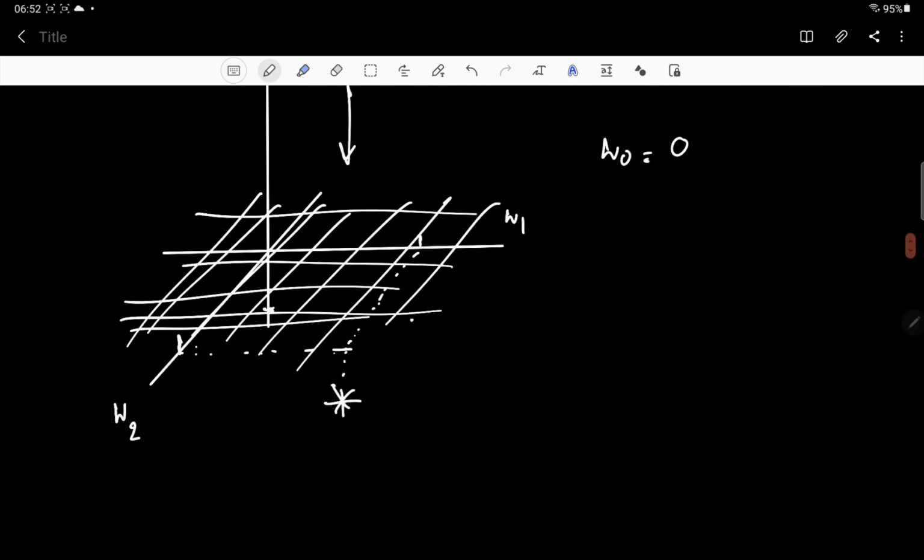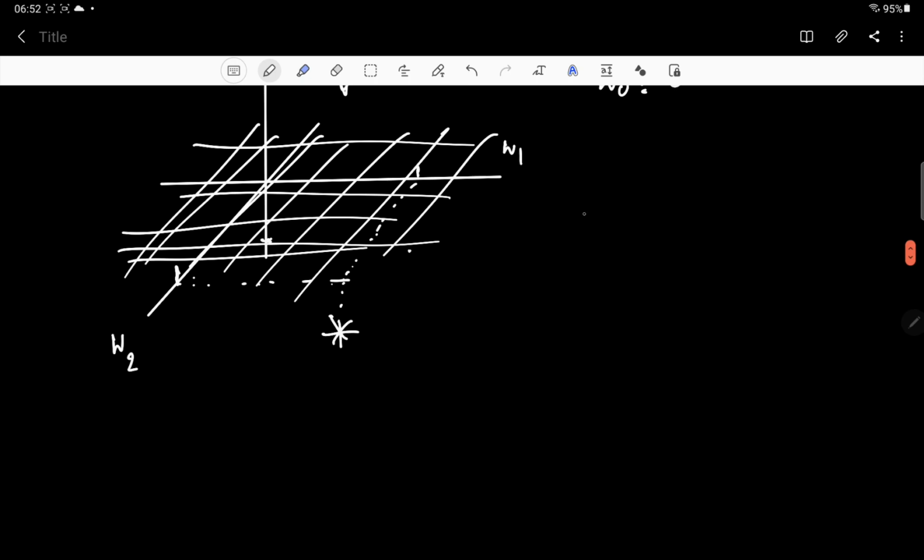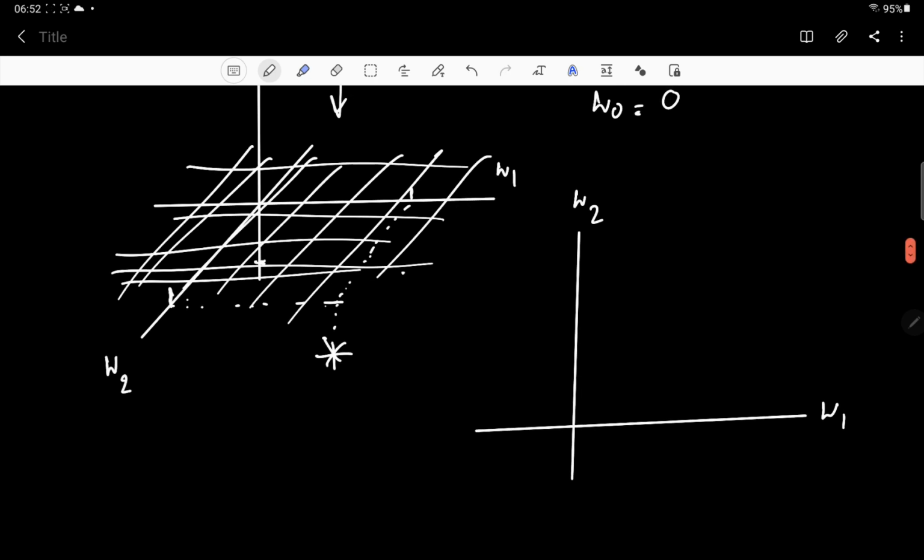So you have two axes: this one is W2 and the other one is W1. Okay, now it's time for us to completely change from the space of X into the space of W.